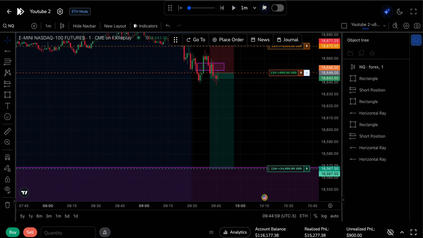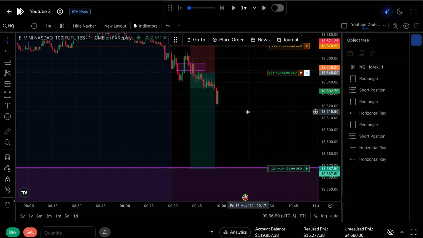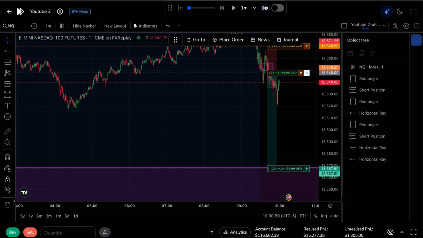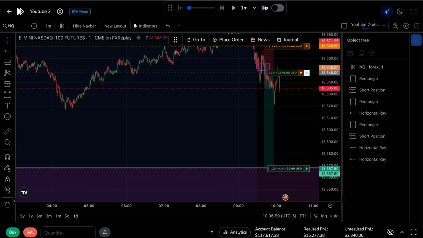Let's see. Haven't swept those lows yet. What is this price action?